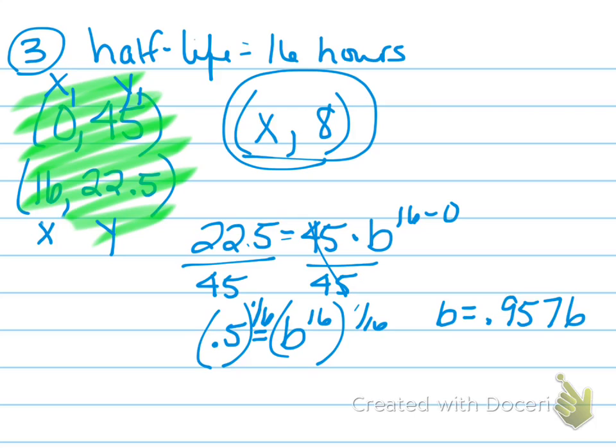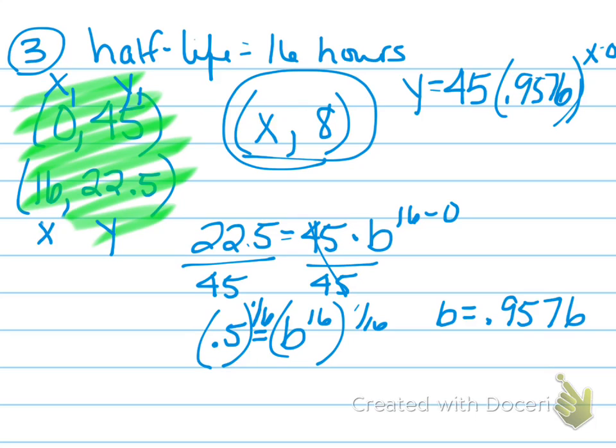So I can use this equation now, y equals 45 times 0.9576, and 45 is the initial, so this is just x, so it would be x minus 0, but I don't really need to have the minus 0, so it could just be x, but I'll just put it in as a placeholder.